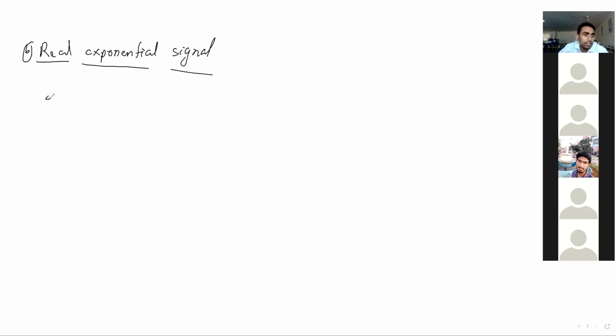So it is defined as x of t equal to a into e to the power alpha t. Here alpha is a real number.